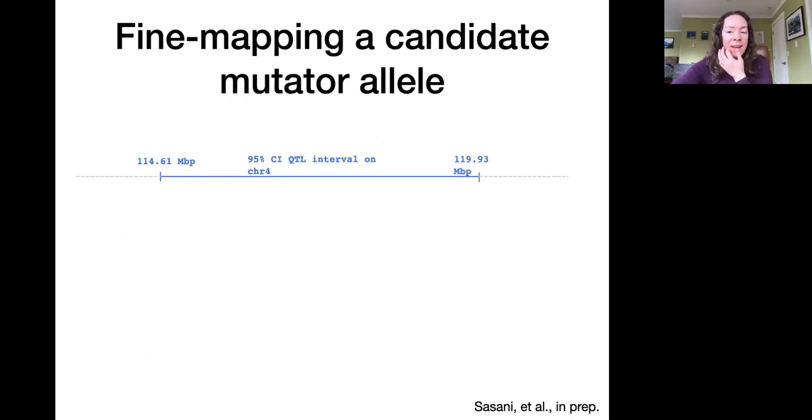And so, okay, now that we have this nice QTL, it's still a fairly large interval of about 5 megabases on chromosome 4. So we really wanted to see what genes are in here, how close we can come to really fine mapping what's causing this QTL.